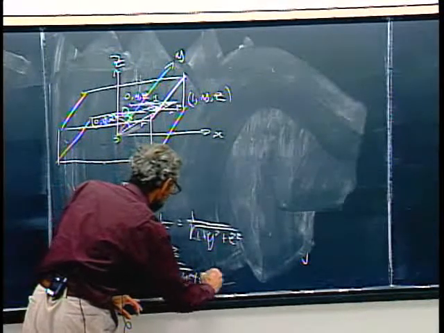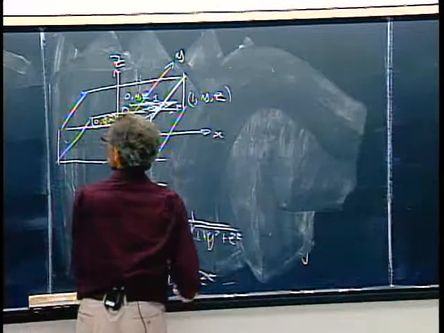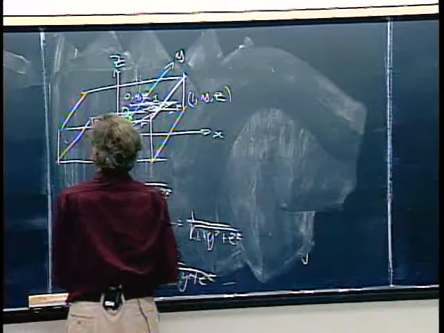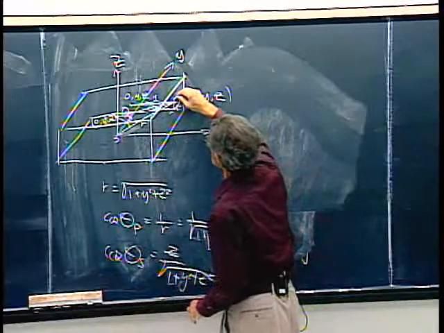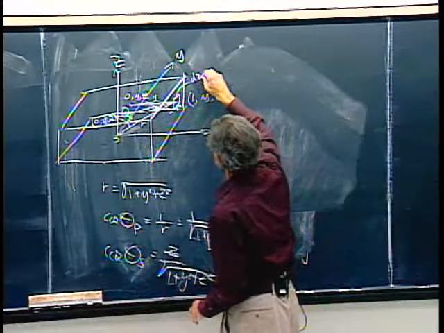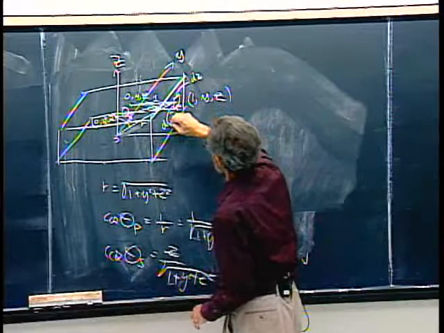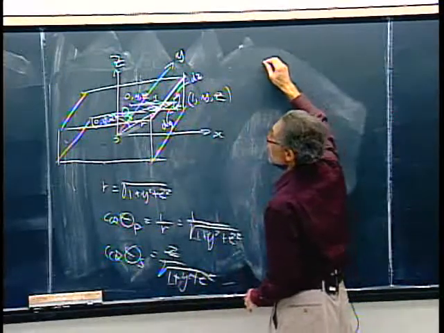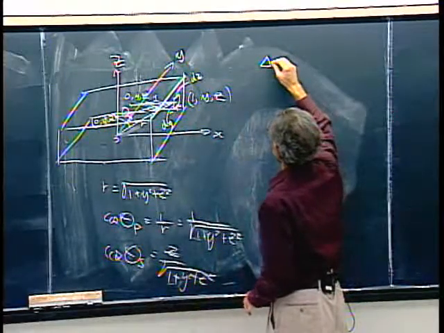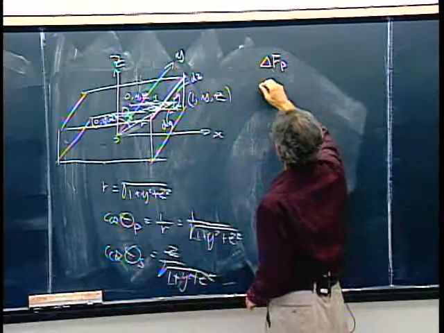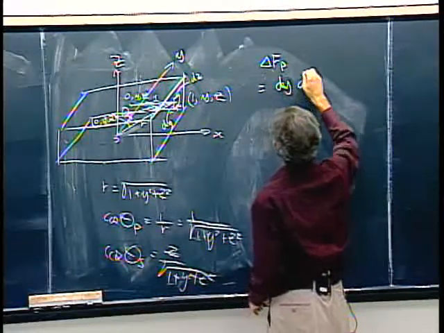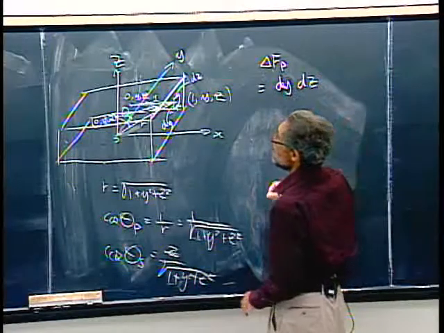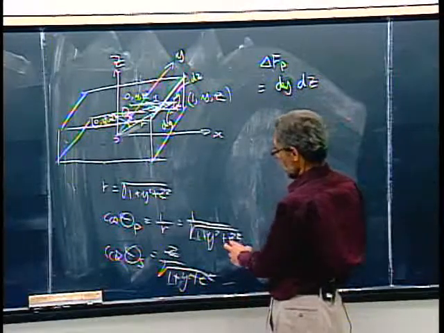And that means that if I do the same thing, now my pixel has a side dz and a side dy, and that area. So the delta form factor for this pixel is dy dz, and now I have the product of the two cosines.